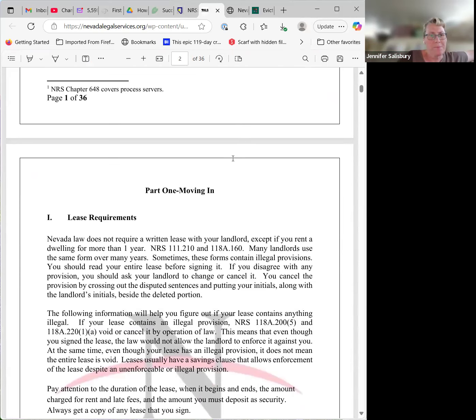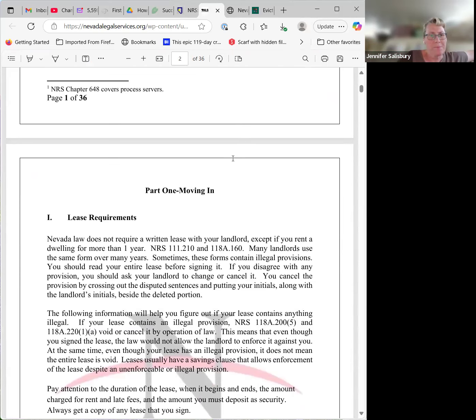So if there's an NSF fee, you can't charge them if you only have a verbal lease. And then other than normal wear and tear, the premises will be returned in the same condition as when the tenancy began, which is probably a very reasonable assumption at this point. So this means that if your verbal or written lease does not contain any provision regarding late fees, the landlord cannot charge anything for late payment of rent.